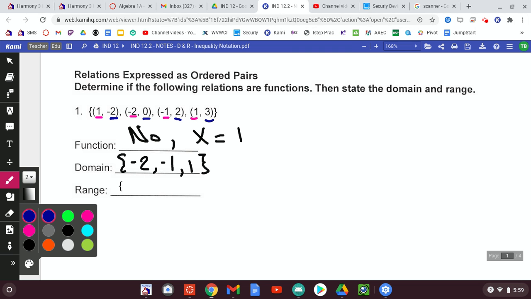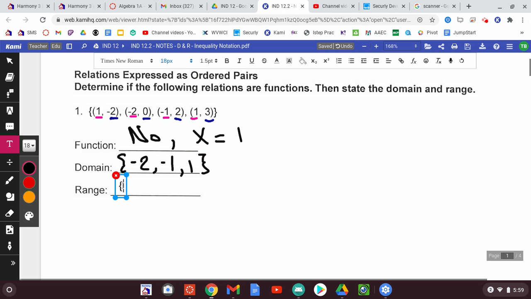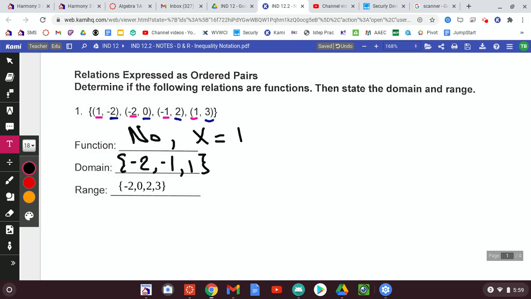So our smallest value first is -2. So we put -2. And then the next value would be 0. And the next value would be the 2. And then the 3. And that is a list of all of our y values or our range.